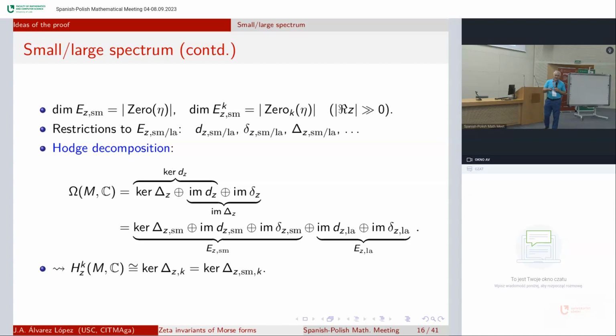And we have that the twisted cohomology is isomorphic to the kernel of the twisted Laplacian for each degree, and also to the kernel of the small twisted Laplacian.